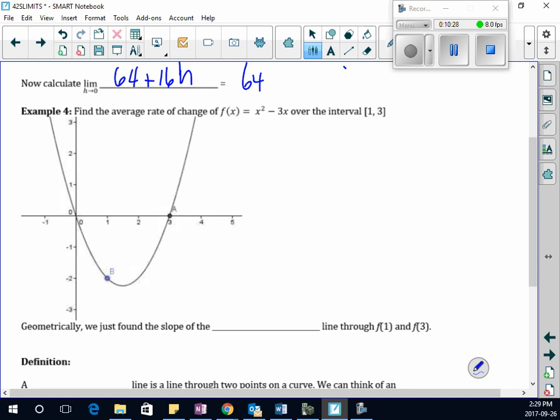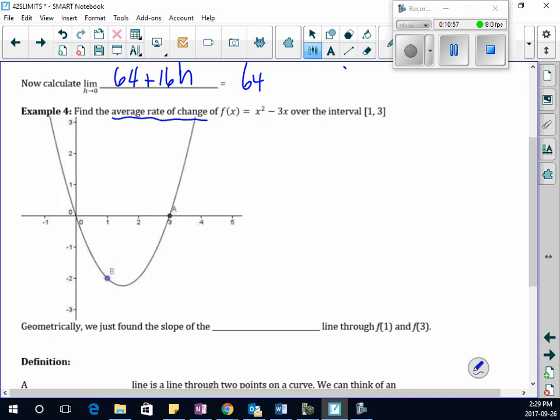In order to find the average rate of change, essentially it's the change of displacement over the change of time. But in this case, essentially it's the change of y over the change of x.